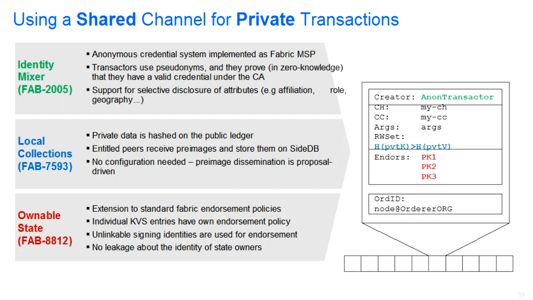Basically, logically, local collection is basically a collection within ownable state. I don't see it that way. It just might be semantic, syntactic. Yeah, I think they're more like an orthogonal way of saying that this data of the ownable state is private and hashed. So it might be values of the ownable state, and it might be, for example, a set of owners of the ownable state. It's not public.